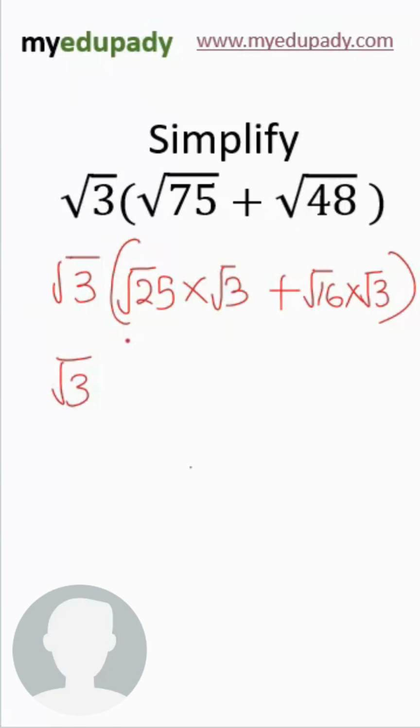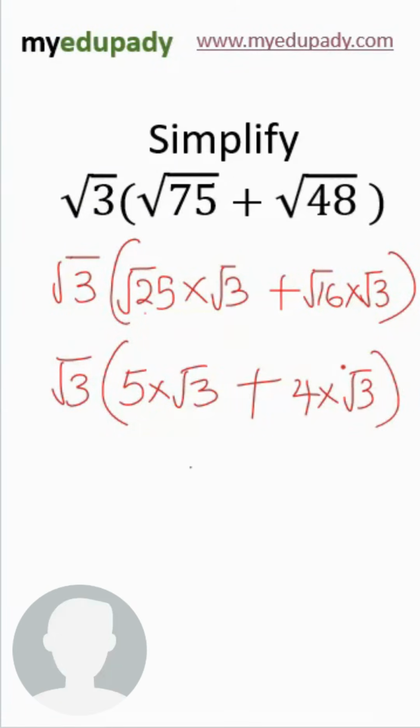We have root 3 into the square root of 25, which is 5, so this will be 5 times root 3, plus the square root of 16, which is 4, so this will be 4 times root 3. Now, again, when you are multiplying a surd with the term outside, you have to be very, very careful.